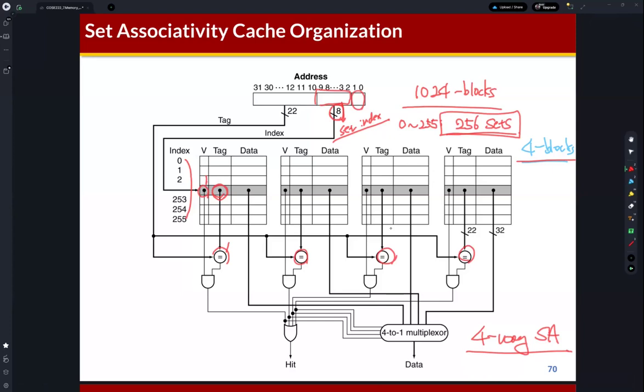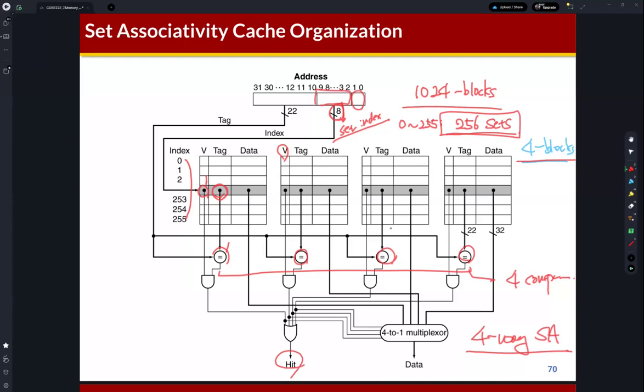As I mentioned, the four-way set associative cache includes 4 comparators. Okay. And if one of these tags matches, and the cache block is valid, like you can find the valid flag here, then this is a hit.